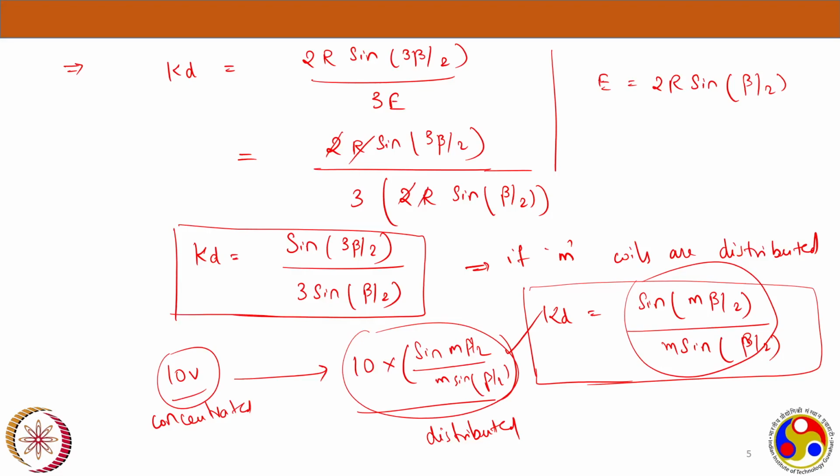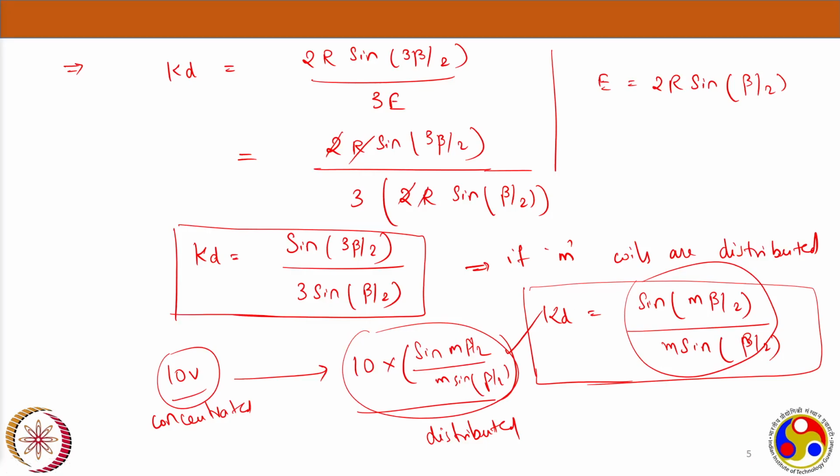You can place only so many coils in a slot. So that will also make the concentrated winding very complex. So making it distributed will make the entire machine utilized, and it will be spread across the machine. But the only downside is you will get a bit less voltage here. That is what we have seen here.